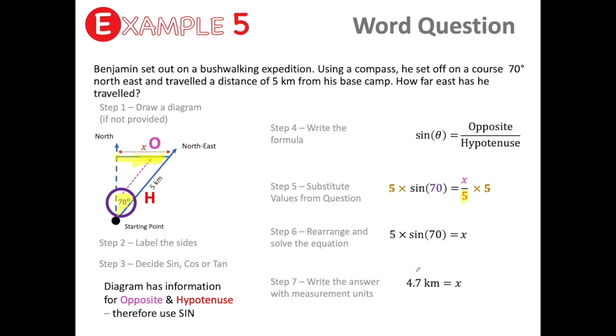And because it's a word question, I need to answer my question in words as well. So Benjamin traveled 4.7 kilometers east from his starting point. So that's an example of how we can apply our knowledge of how to find a missing side to a word question for trigonometry.